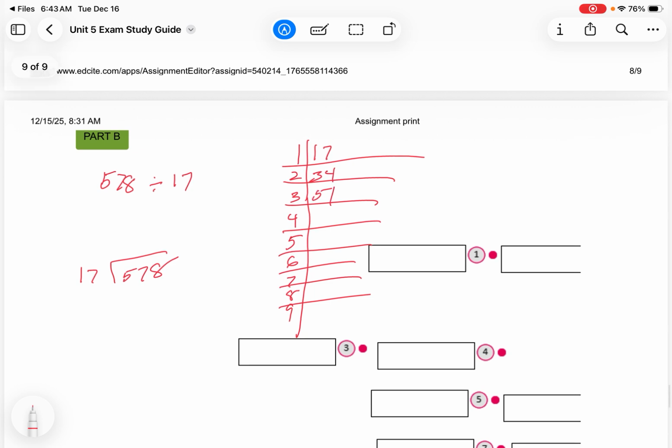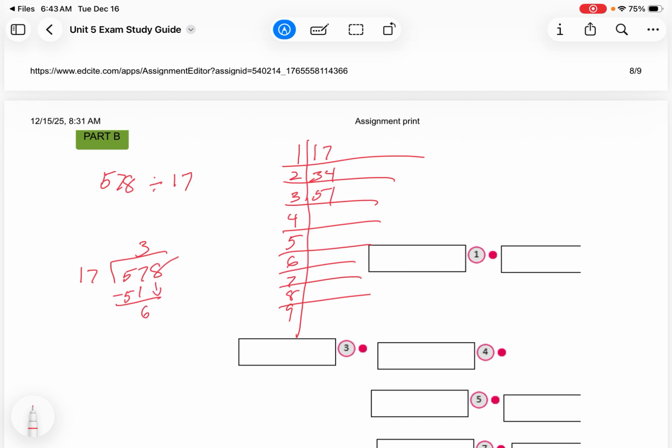Because 17 plus 17 is 34, plus 17 is 51, 7 and 4 is 11, carry 1. 1 plus 3 is 4, plus 1 is 5. Well, closest we can get to 57 without going over is 51. And so we subtract. 7 minus 1 is 6. 5 minus 5 is 0.